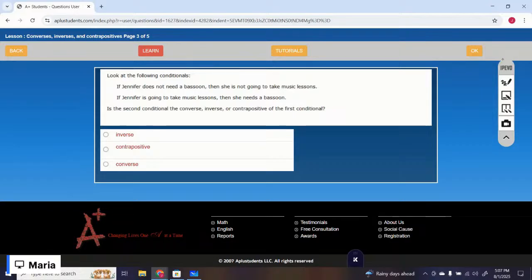Look at the following conditionals. If Jennifer does not need a basin, then she is not going to take the music class. If Jennifer is going to take music lessons, then she needs a basin. So, which is the correct option?